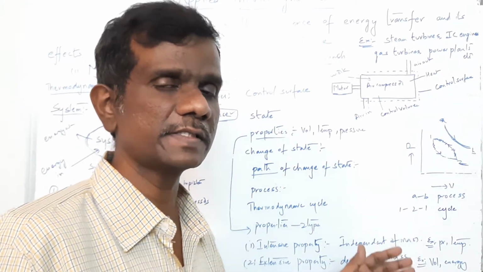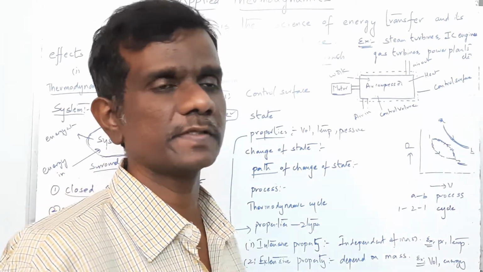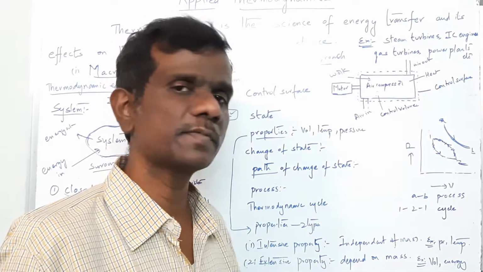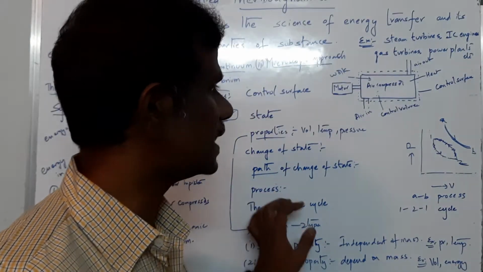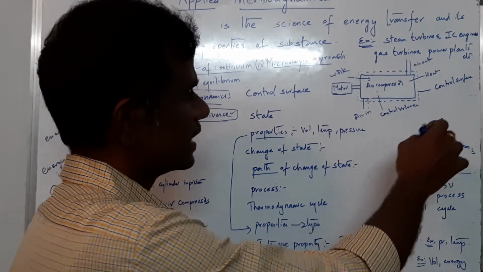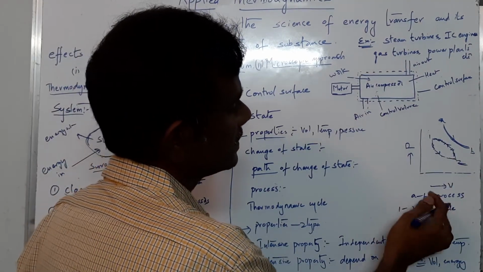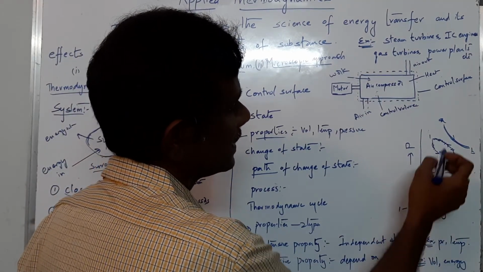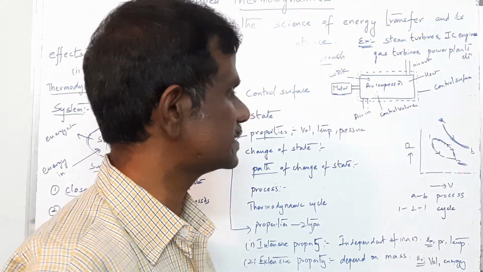Isentropic process, constant entropy process; isenthalpic process, constant enthalpy process; isothermal process, constant temperature process. If the path is completely specified, it is a process. I hope you understood this small graph. It is a process from A to B. If the path is completely specified, then it is called a process.